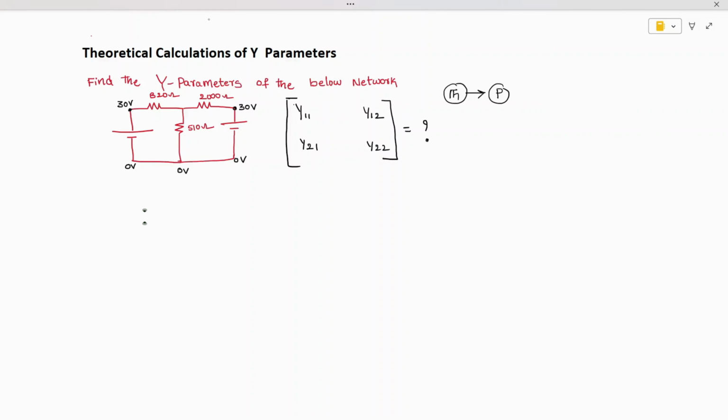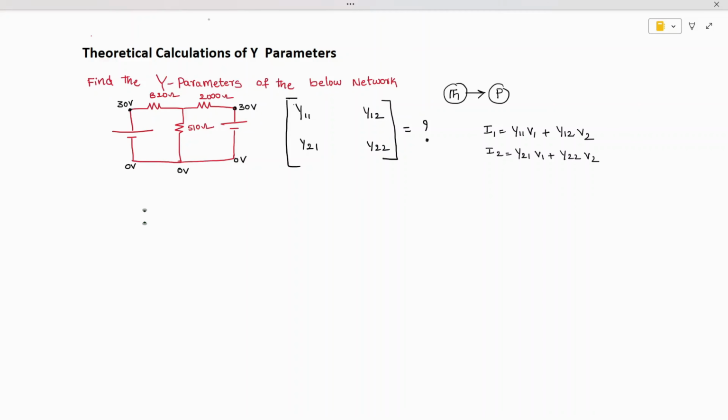In order to find it, basically we need to know the basic equations. The basic equations for y parameters: I1 is equal to y11 v1 plus y12 v2, and the second equation for current is I2 is equal to y21 v1 plus y22 v2.